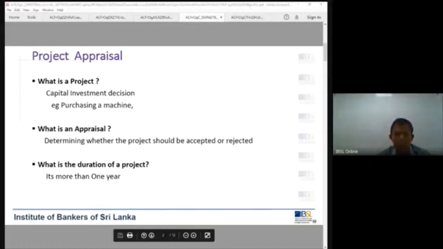But the return is quite high, right? So you will have to take a decision on how much of your money you will invest in this particular instrument and how much risk you can take. It depends on how much you can take.